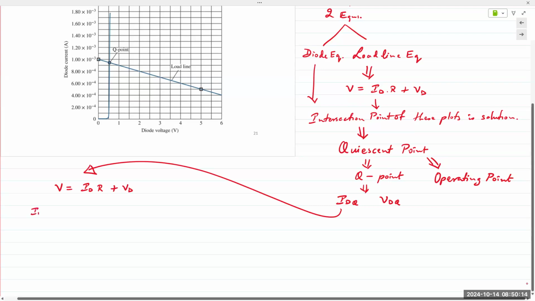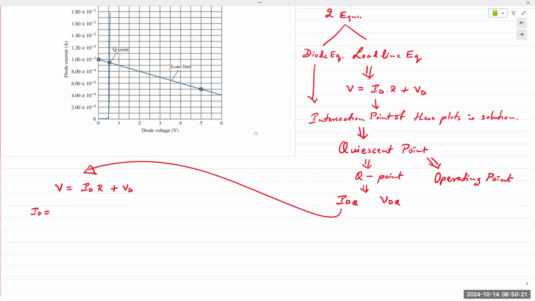If I assume ID is equal to 0, I can find a value for VD. If I assume VD is equal to 0, I can find a value for ID. Then I would have two points, and I can plot a line connecting those two dots. That's how I would have my load line.